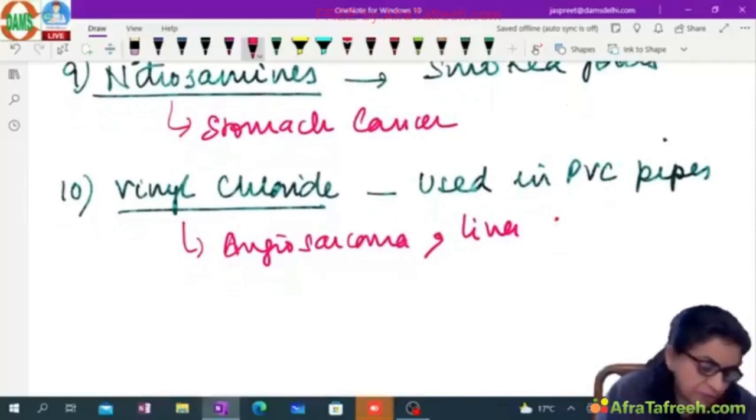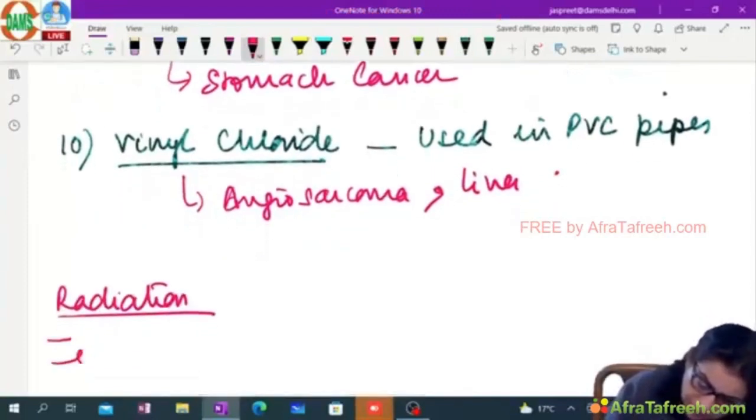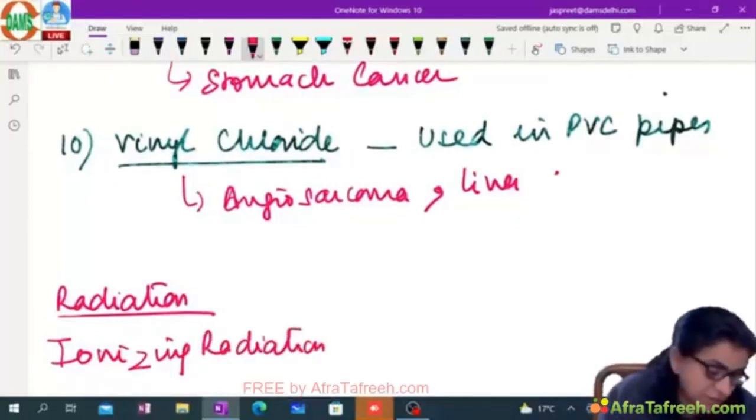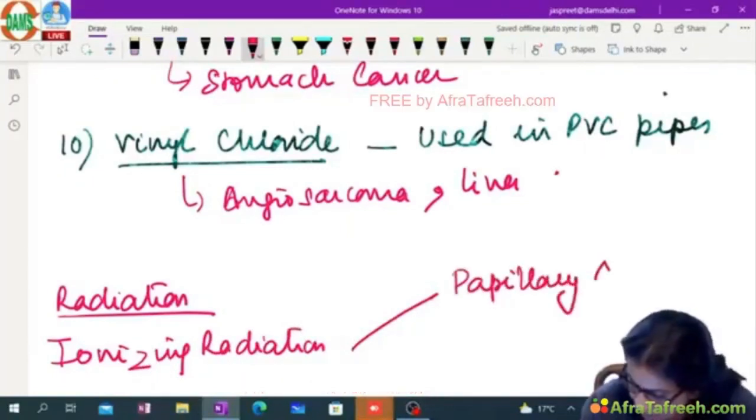Then next, radiation. Very important is radiation. Radiation can cause cancer. In radiation we have ionizing radiation. Ionizing radiation can cause, number one, papillary carcinoma thyroid.